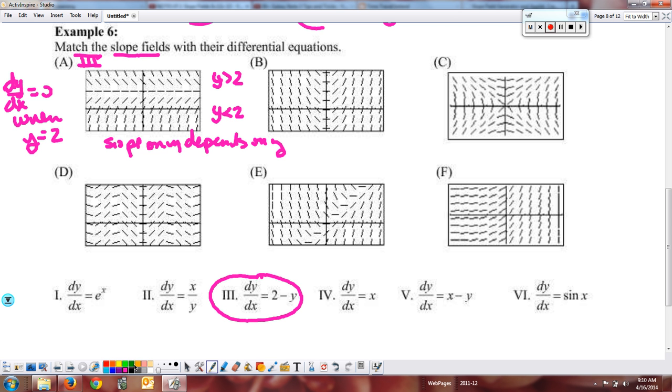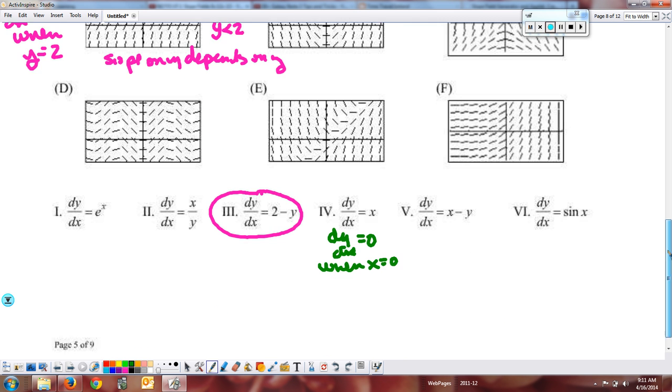Okay. All right, let's look at the next one, and let's work from the equation and then go to the graph. So here I have the slopes, and I might ask myself, when do I have 0 slopes? So dy dx equals 0 when x is equal to 0.